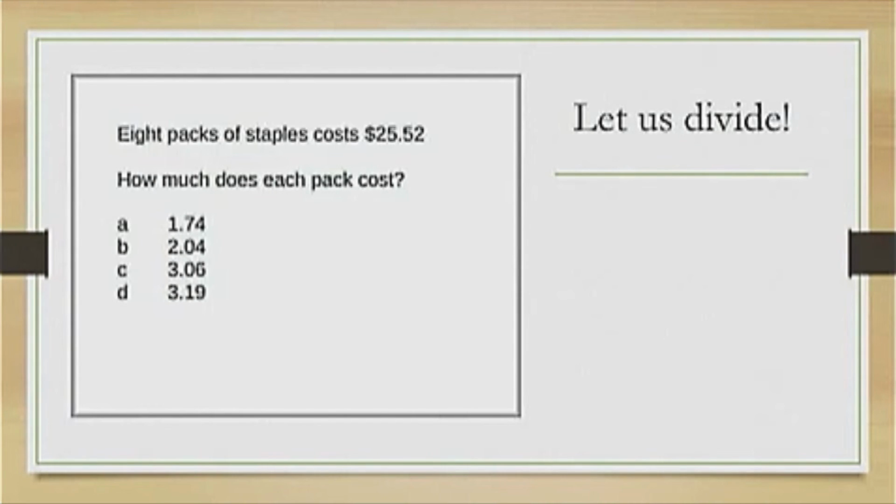So now that we want to find an individual price, we're going to do the opposite of multiplication, which is division. So we're going to divide 8 into the total cost to give you the cost of 1. And the cost of 1 pack of staples is $3.19.